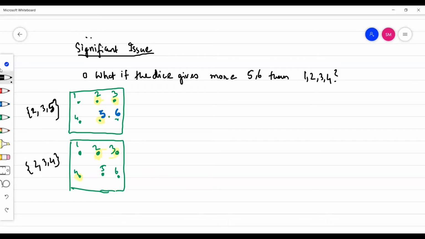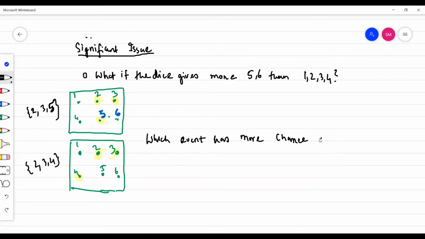Now tell me one thing: which event has more chance of occurring? In the first box, 2 and 3 have the same chance, but 5 has more chance because it has more weight attached to it.